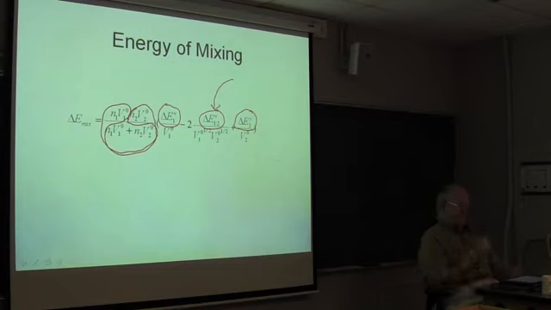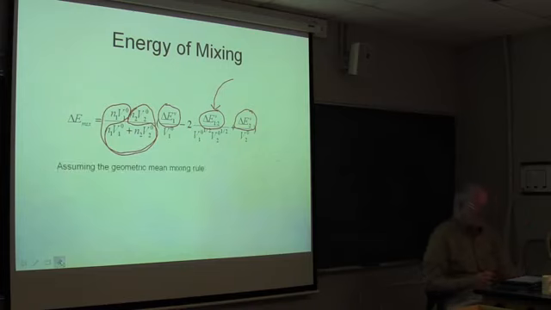And what's done is to look at the various equations I presented earlier about dispersive interactions, about dipole-dipole interactions. And if you look at how they combine when you're talking about interaction of 1 with 2, most of them, not all of them, follow what's called a geometric mean mixing rule.